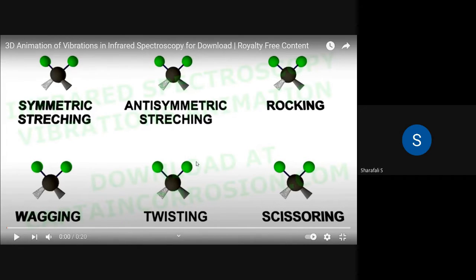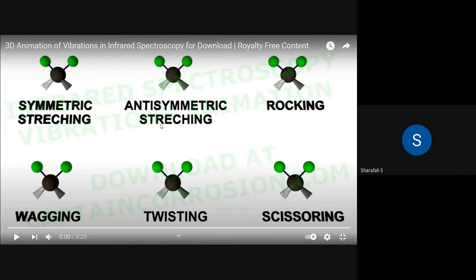Among these, we have two different modes of stretching vibrations: symmetric stretching and anti-symmetric stretching. Then the remaining 4 are the bending modes.